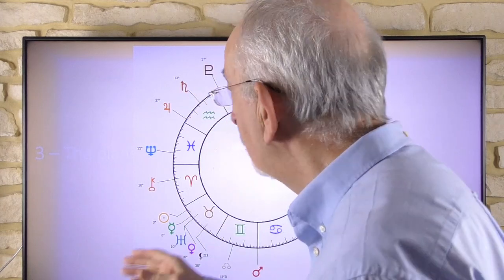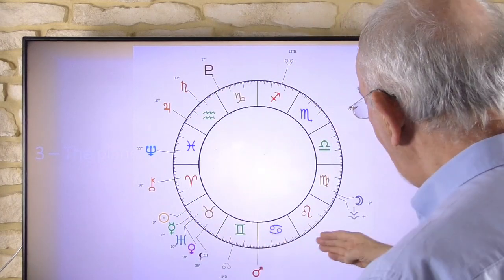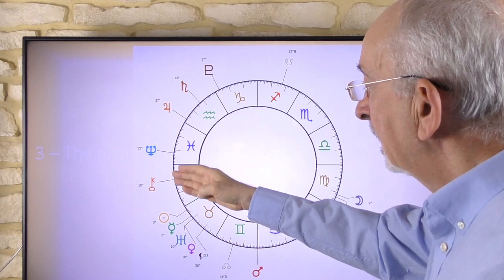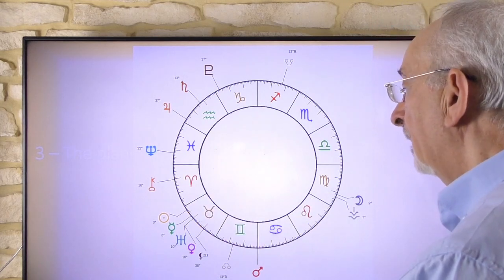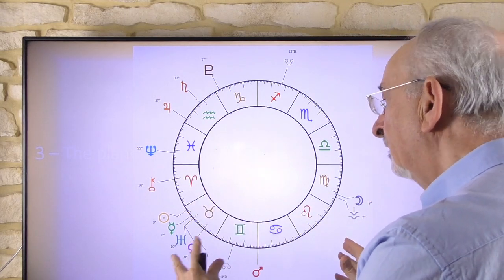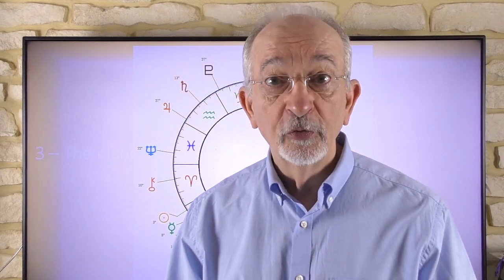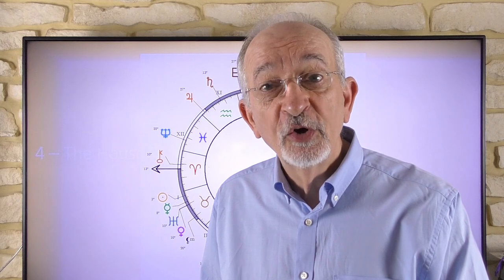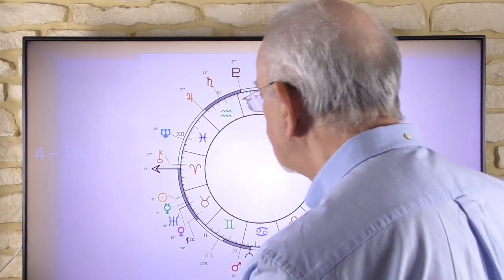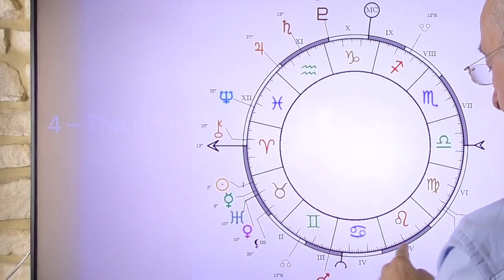Then we need to draw all the symbols of the planets and other objects as they are on the particular day, month, year, and time according to the birth of the person concerned. We will find out more about that in future lessons. Then we need to determine the ascendant and the placement of all the other houses.